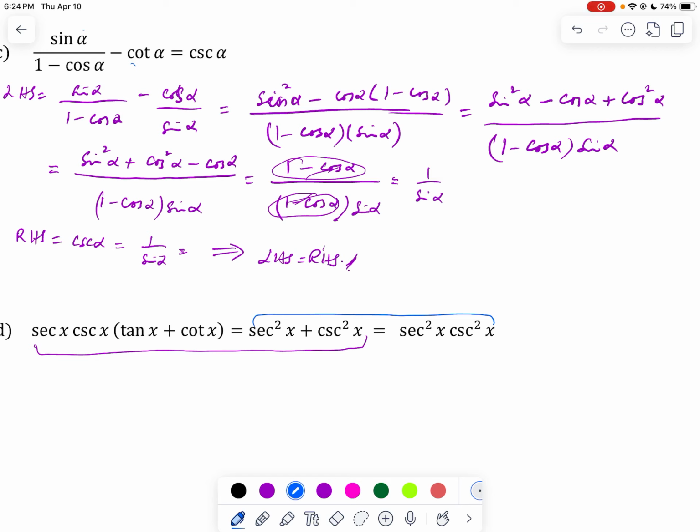So I want you to show the first one first, that the left hand side, this is the left hand side, and this is the right hand side. First you are going to work with secant x.